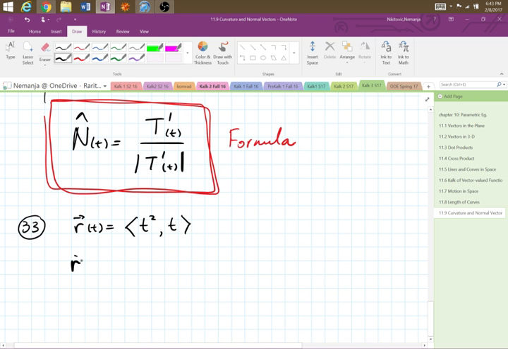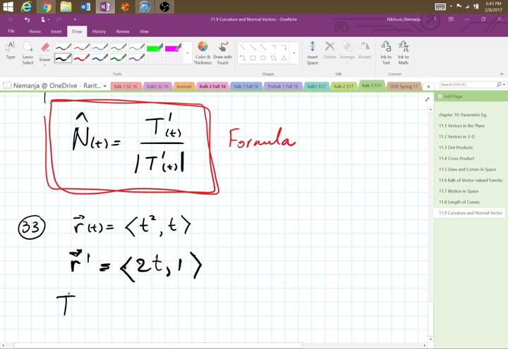So R prime is 2t comma 1. So that's the R prime, 2t and 1.